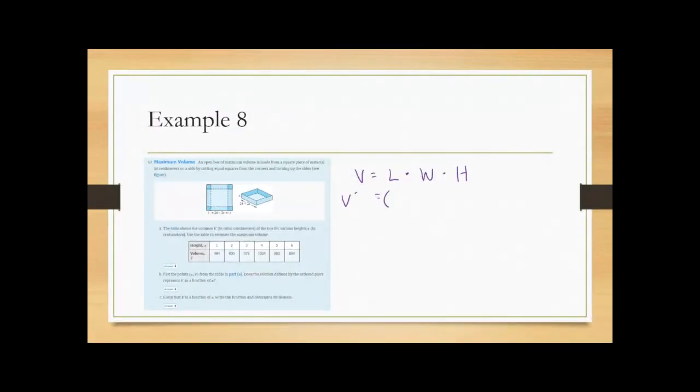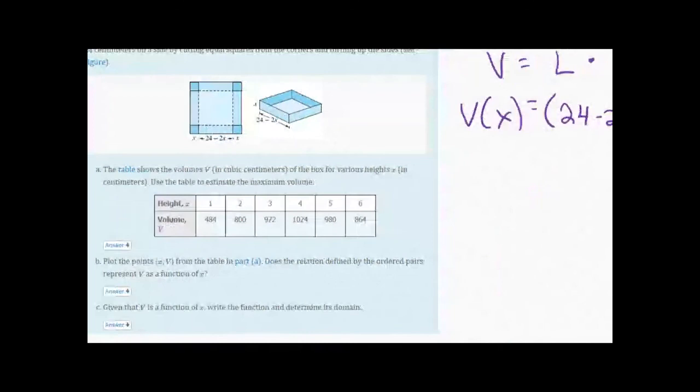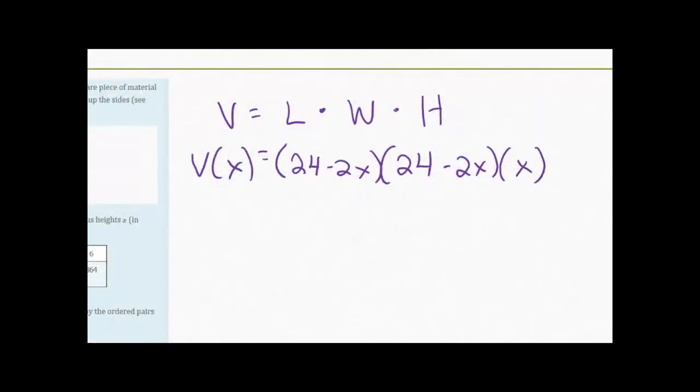I'm going to write this as a function of x, v of x. My length is 24 minus 2x. My width is 24 minus 2x. And then the height is x. You can see that the parts that we folded over form the height, and so we get x. Now we have written this function for volume in terms of x.